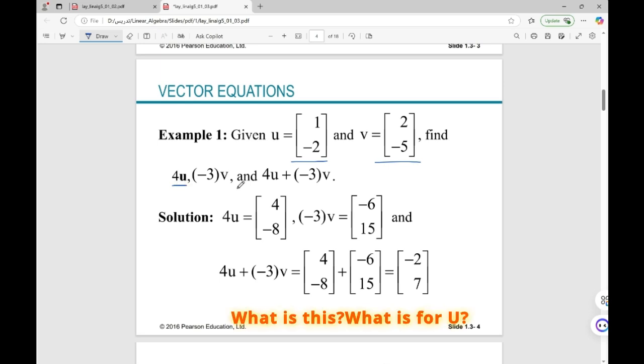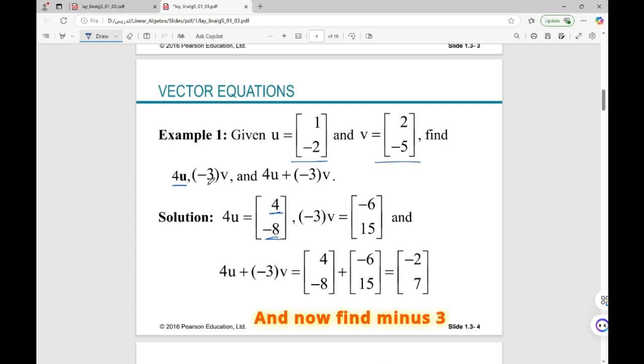What does this mean? Multiply 4 by the vector U. So what is the result? 4 and minus 8. Exactly. 4 times 1 gives 4, and 4 times minus 2 gives minus 8.